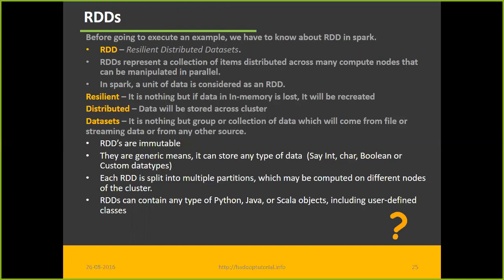Any file that you load, that is an RDD. Definition wise, it's a collection of data, resilient distributed datasets, or a dataset. I will explain all these keywords anyway, but you can treat this as a file.